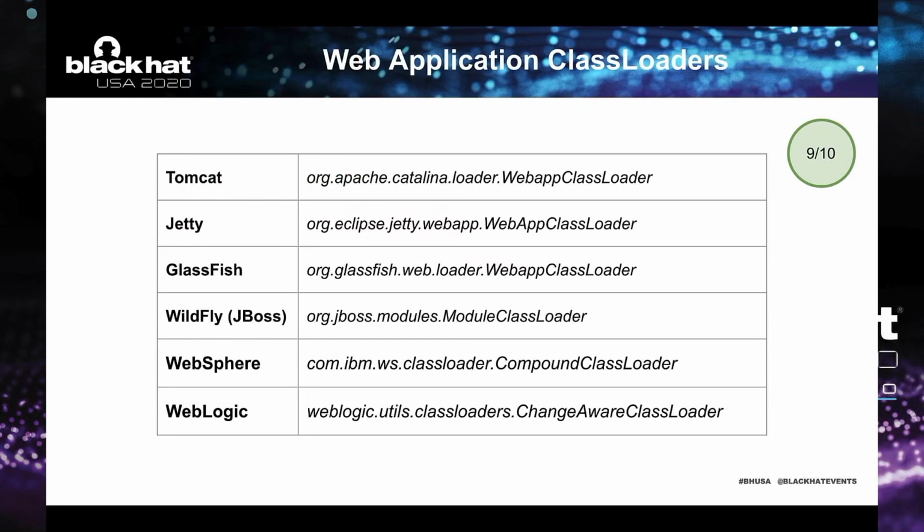Because these content management systems are normally deployed on top of an application server or servlet containers, those class loaders that we are going to get access to are normally instances of web application class loaders, which expose a number of features and capabilities on top of the regular class loader ones. So we were able to abuse those additional methods to get remote code execution in 9 out of the 10 CMS-like systems that we analyzed.